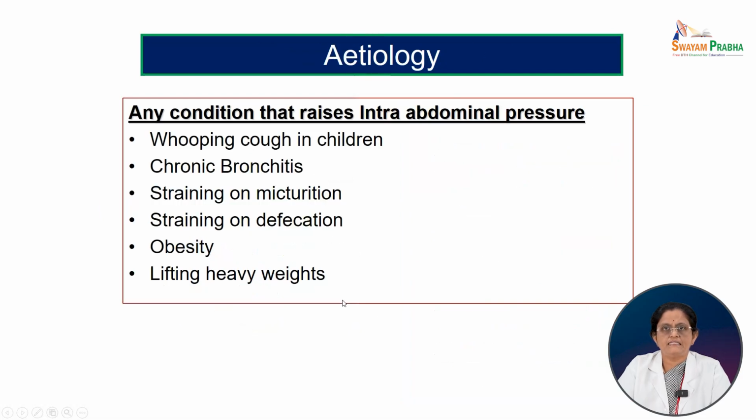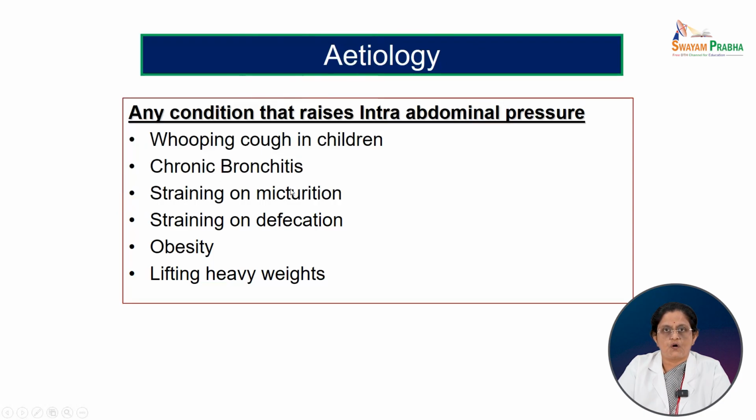So, why is inguinal hernia occurring? We should know the cause, that is called the etiology of inguinal hernia. Any condition that raises the intra-abdominal pressure is a predisposing factor for occurrence of inguinal hernia. First is whooping cough in children.